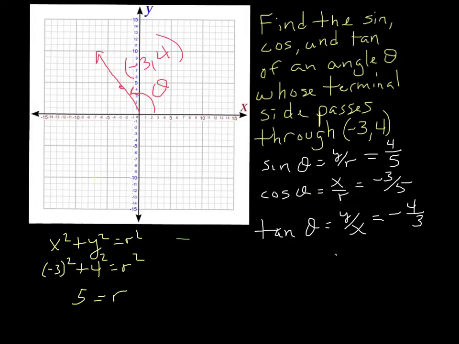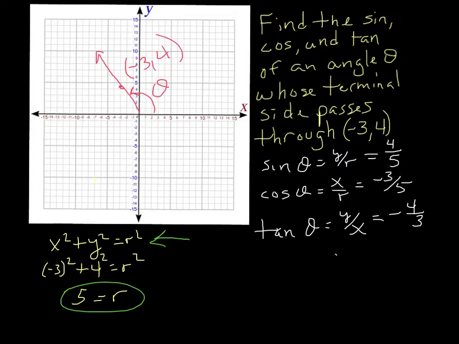So we're going to start by using our x squared plus y squared equals r squared, which, hopefully you noticed from the previous page, is really just a version of the Pythagorean theorem. Instead of a, b, and c, we have x, y, and r. When we solve that, we get our r value to be 5. Then sine of theta is y over r, so that becomes negative 4/5.